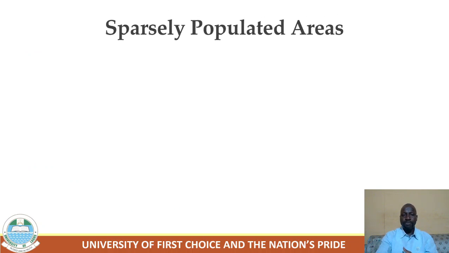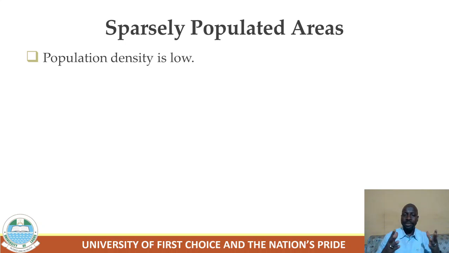Moving forward, the fourth area that I want to be speaking on is those areas that are sparsely populated. When we say an area is sparsely populated, it has very few people. I don't want us to get confused with educationally disadvantaged areas.